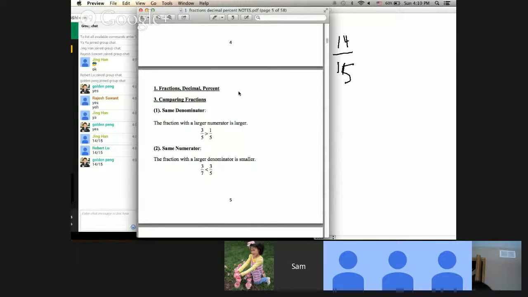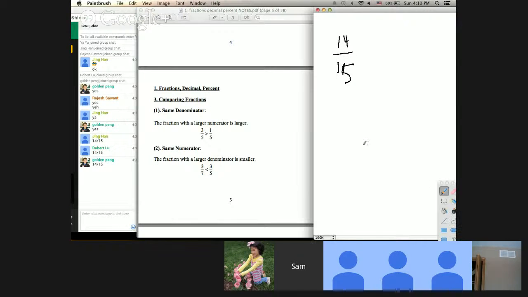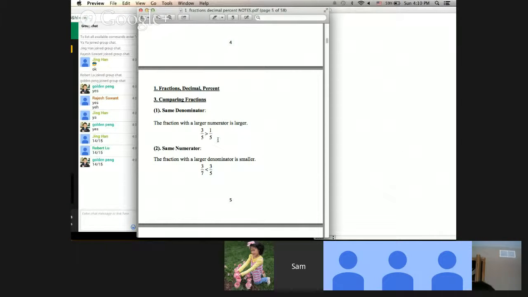Okay, so comparing fractions. The first part is really easy. If the fractions have the same denominator, the fraction with the larger numerator is larger. This is basically logic. If they have the same bottom part, then the one with the bigger top part is going to be bigger.